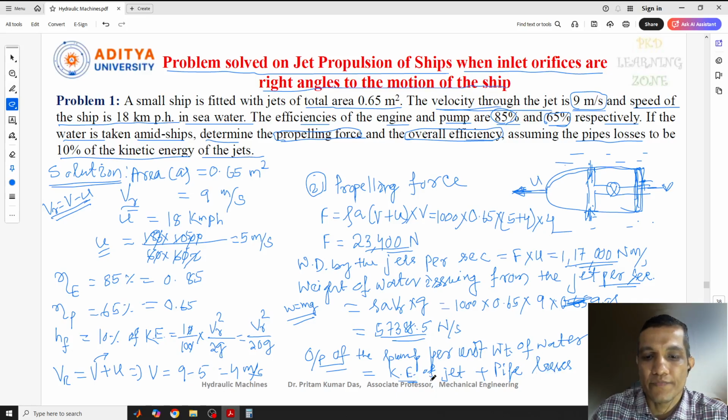The kinetic energy of the jet is how the fluid worked, so that we can find out the output of the pump. What is the output of the pump? We can say this is also the input, the kinetic energy of the jet, and then the losses happening during this flow.